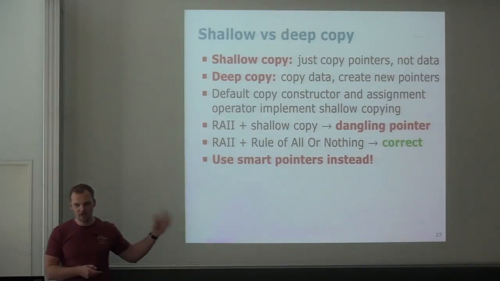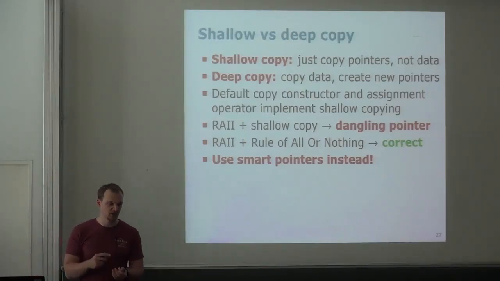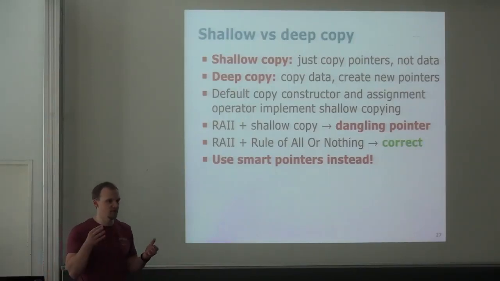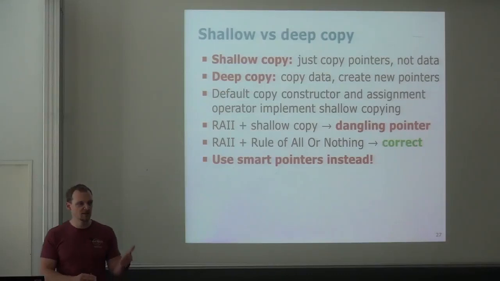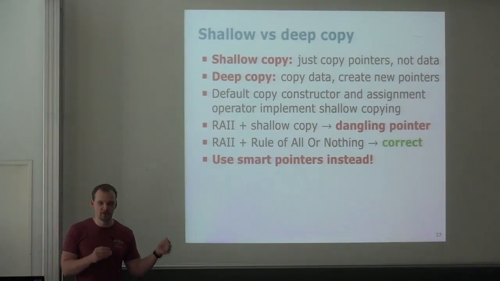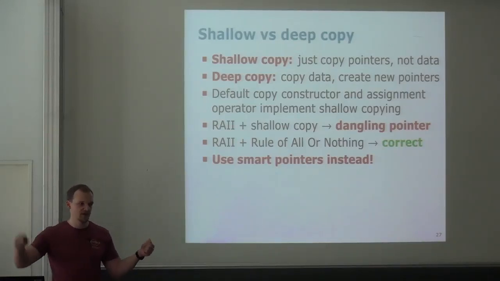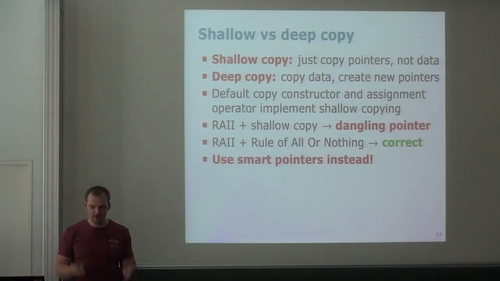But if you use RAII and the rule of all or nothing, which means you actually implement on your own all of the other five special functions: the copy constructor, the copy assignment operator, the move constructor, the move assignment operator, and the destructor, then you're safe. Because then you've implemented the correct copying of allocating more data, copying the pointer to that data, and so on. But the good thing is we don't need to do it anymore.